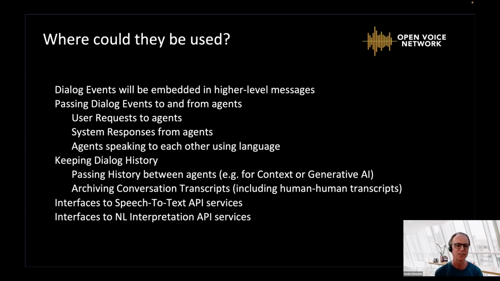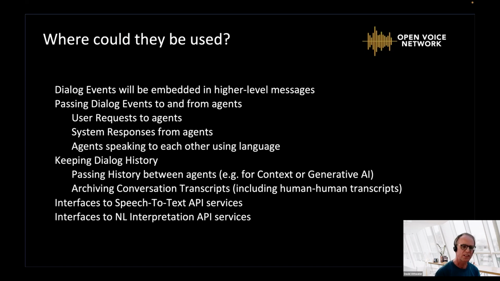We're envisaging that agents will actually, behind the scenes, use natural language to actually ask questions of each other, like, can you help me with this, et cetera, because language is uniquely suited for unstructured responses that are interoperable between people, but also between agents. In addition, dialogue events can be used to keep history.